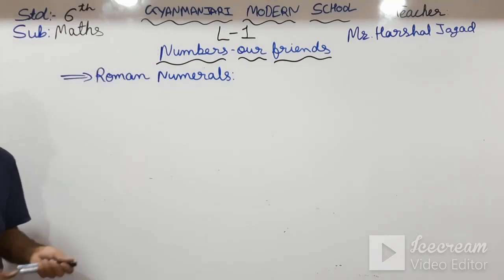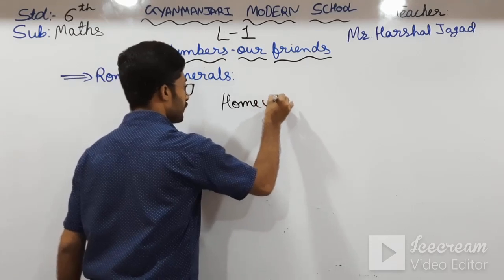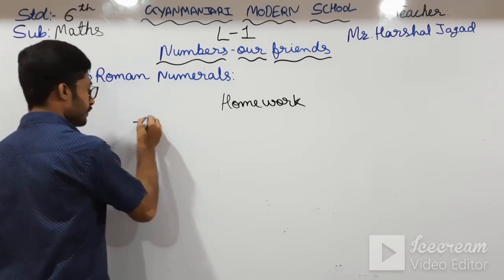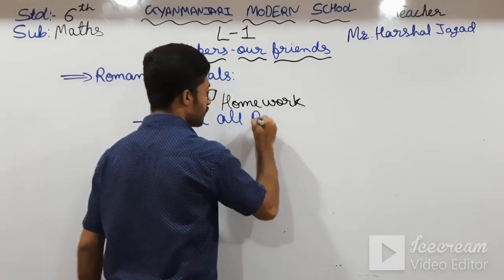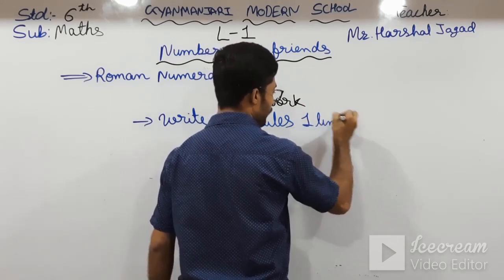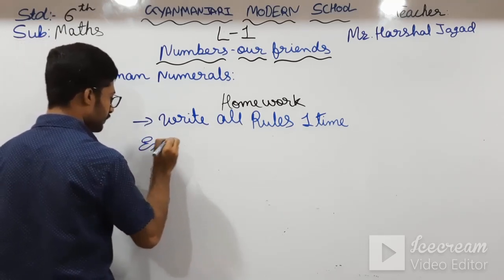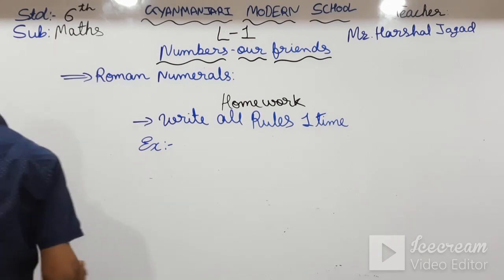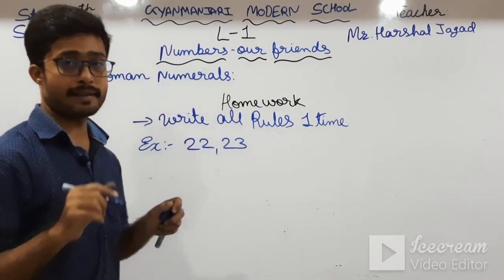So your today's homework: write all rules one time and examples 22 and 23 in your example book.